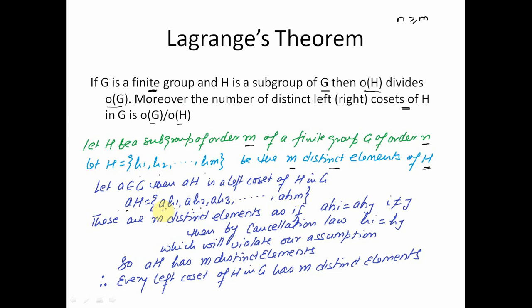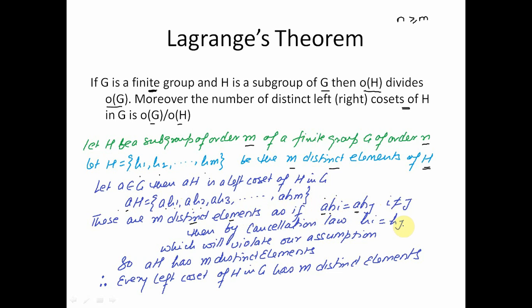Now these elements that I am getting, AH1, AH2, AH3 up to AHM, are also M distinct elements. Obviously these are M elements and moreover they are distinct, as let us assume that they are not distinct. Let us say there are two elements AHI and AHJ which are same, where I is not equal to J. If AHI is equal to AHJ, then by cancellation law, since these are groups and subgroups, I can cancel A and A from here.